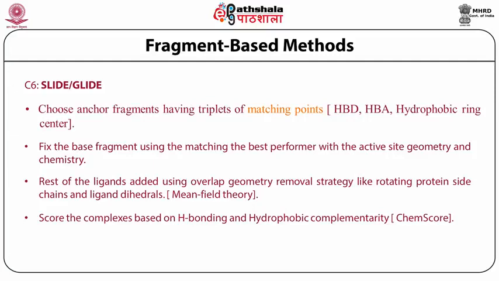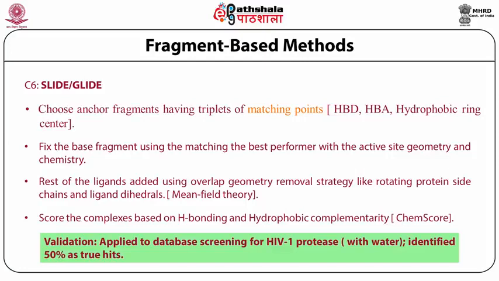Normally they take the hydrogen bond donor, acceptor, and hydrophobic ring centers as their first 3 sites, and then start performing a search for the molecules in every place possible. What could be the designing? Applied to database screening, even with water it has identified almost 50% true hits.